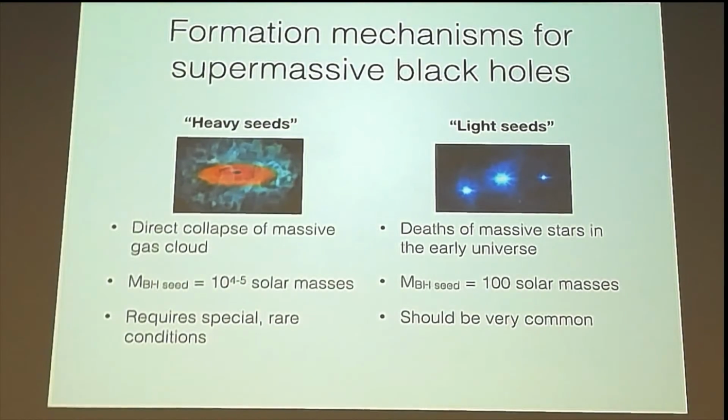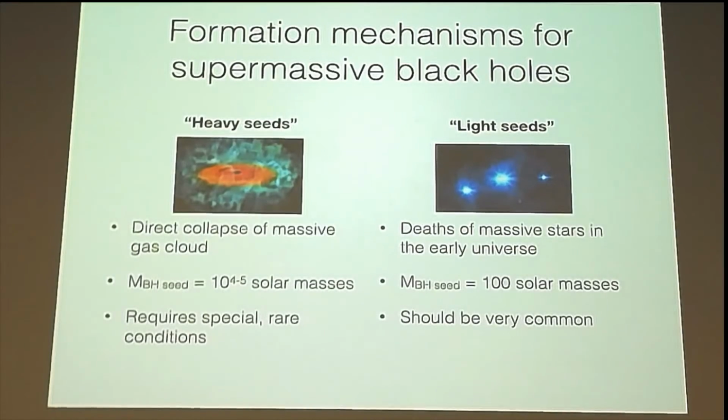Okay, so this is, roughly speaking, the two main theories for how we think supermassive black holes might form. They fall into two categories, heavy seeds and light seeds. These are ways that supermassive black holes might form in the very early universe. With heavy seed models, you have something like the direct collapse of an extremely massive gas cloud.